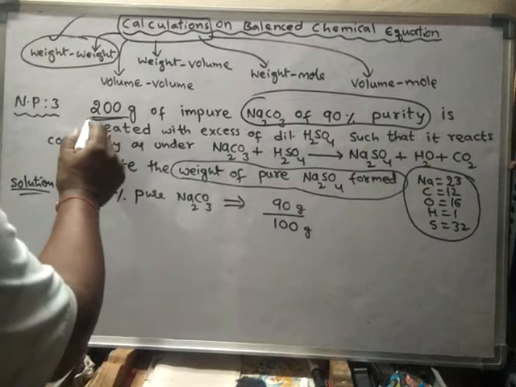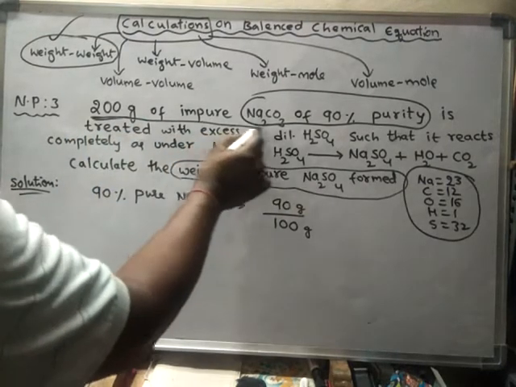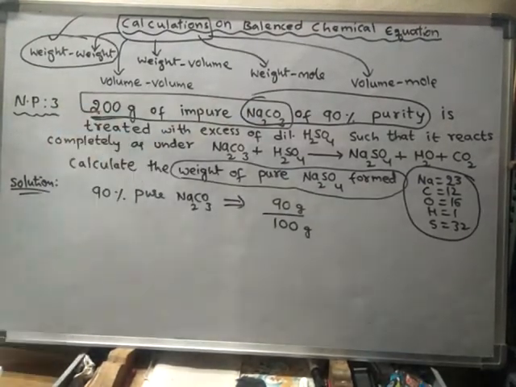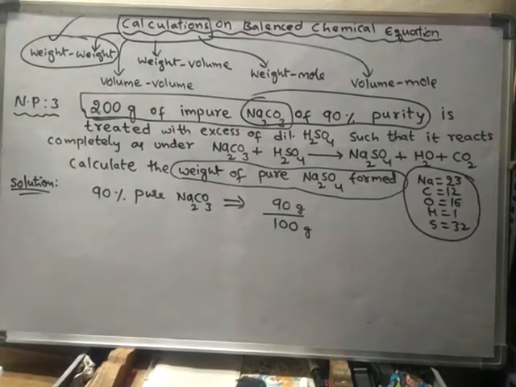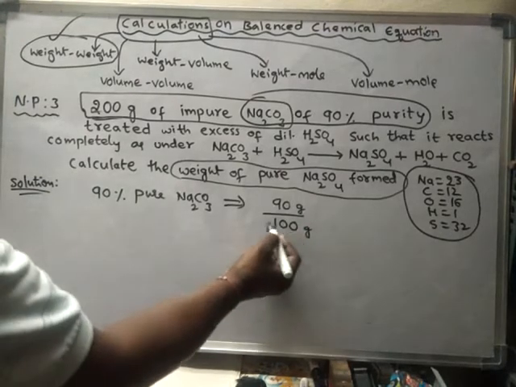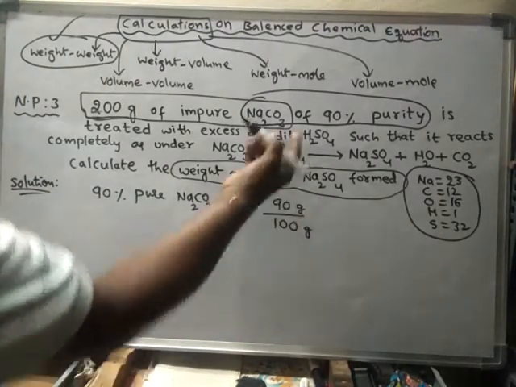In the question, 200 grams of impure Na2CO3 is taken. For every 100 grams, 90 grams of Na2CO3 is present.